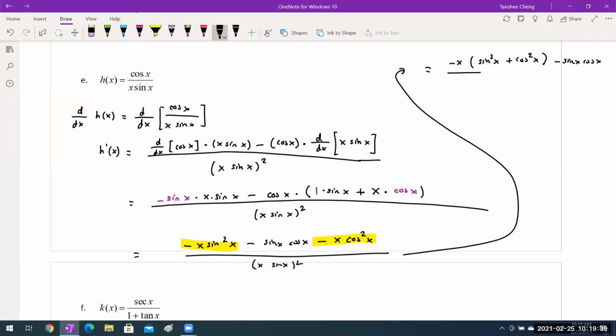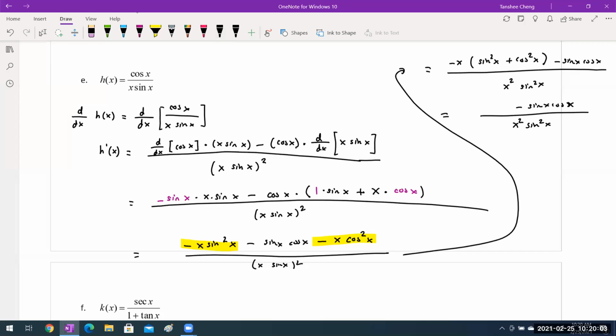So I group it and factor it out. This will give us finally negative x times sine square x plus cosine square x, which is 1, so times 1 minus sine x cosine x, all over x squared sine square x.